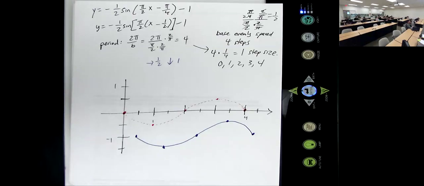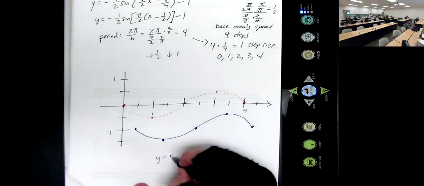Bang. I strongly recommend you try some of these problems before Thursday, even if it's only a couple, because of secant and cosecant.